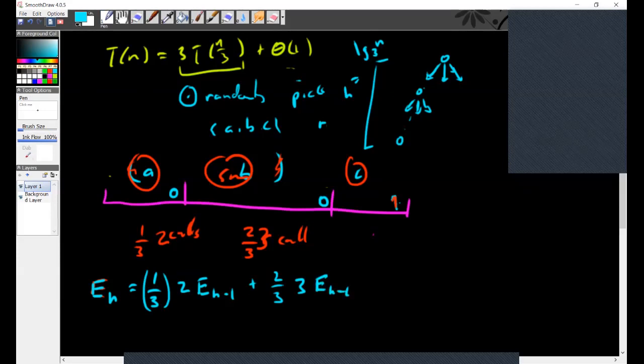When I say h minus 1, I mean recursing down 1 level, so the input size is decreased by a factor of 3. So this means it'll be 2/3 plus 3 times 2/3.